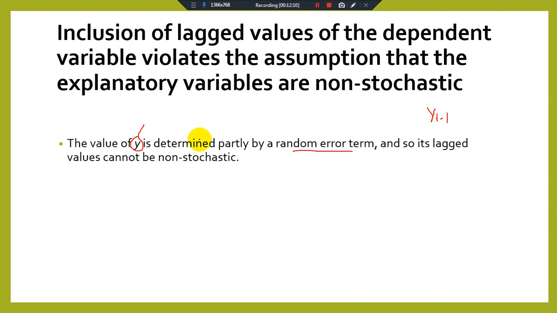So when we use the lag dependent variable as an explanatory variable, this will violate the OLS assumption of non-stochastic regressors.